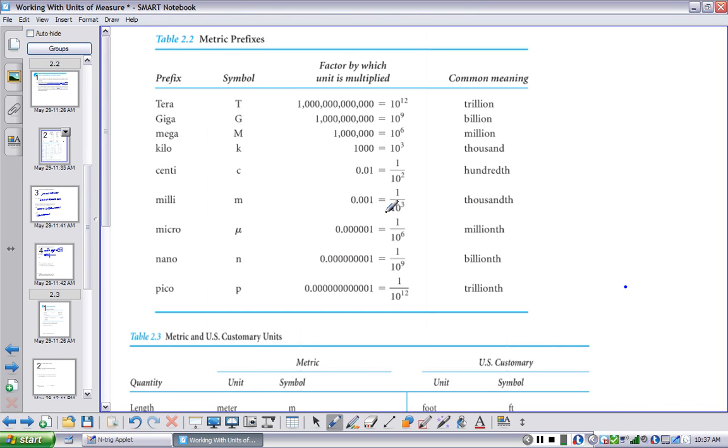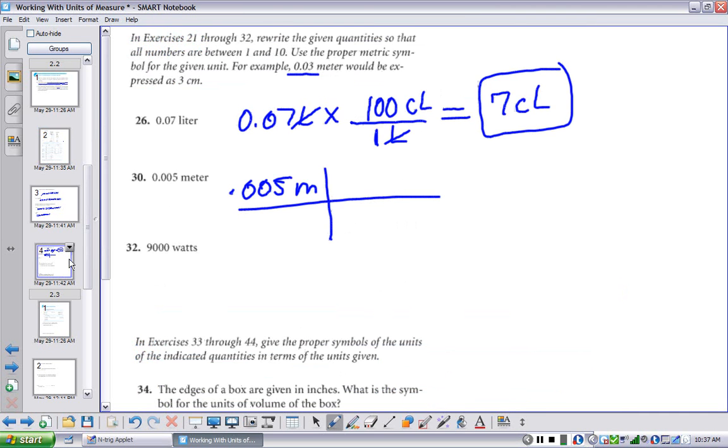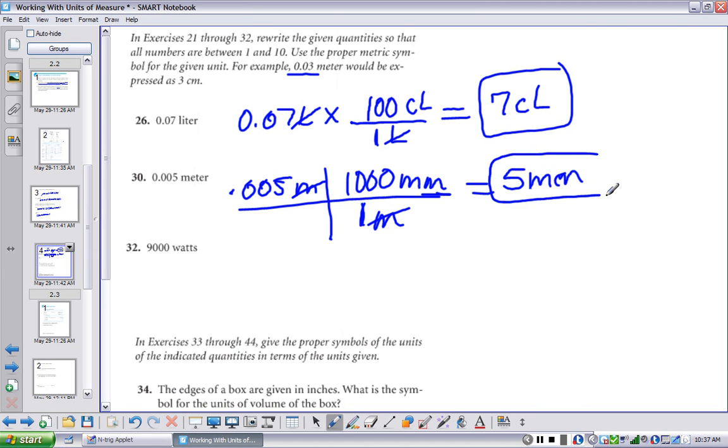So, we're going to go to millimeters here. So, 1,000 millimeters is equal to 1 meter. And when I multiply 1,000 times 0.005, I get 5 millimeters. 5 millimeters.